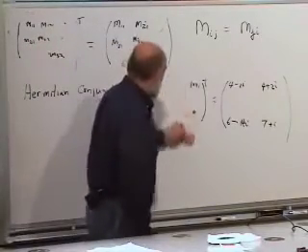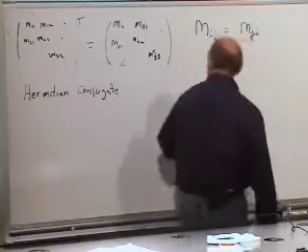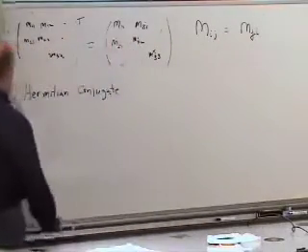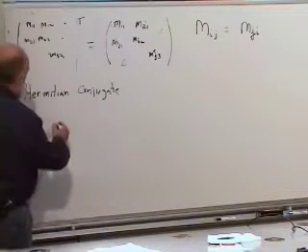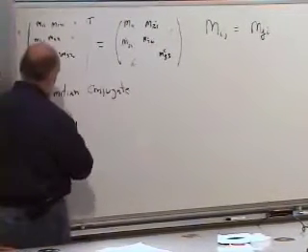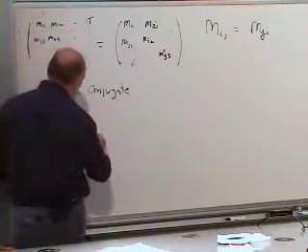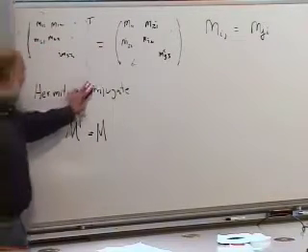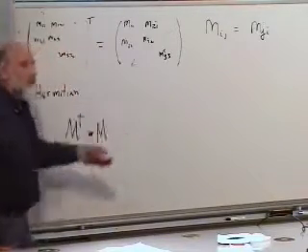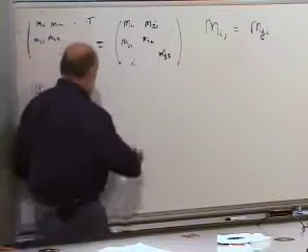A Hermitian matrix is a little more complicated. A Hermitian matrix is a matrix which is equal to its own Hermitian conjugate. So if you Hermitian conjugate a matrix and it is equal to the original matrix, it's called Hermitian. That's the definition of a Hermitian matrix. Let's write a Hermitian matrix down.